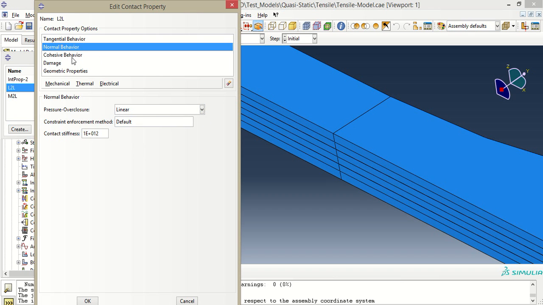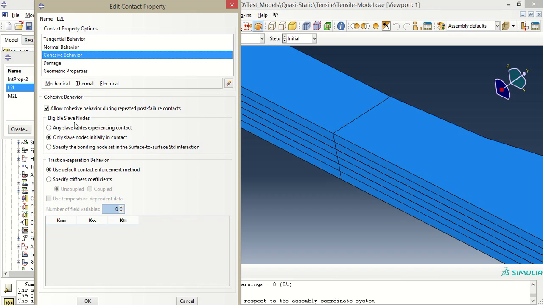Then this is a cohesive behavior. Allow cohesive behavior during post failure contacts. Only slave nodes initially in contact, since I have bonded these two layers. Any slave nodes experiencing contact is not possible in this case.